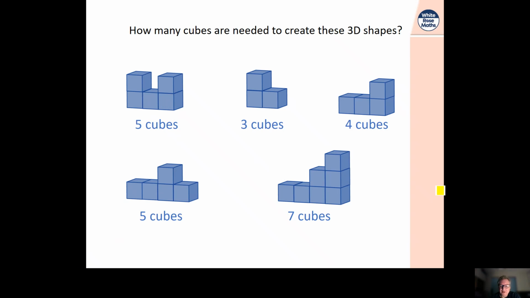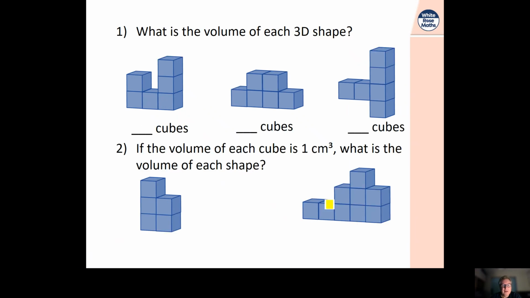Because here we've got 3-dimensional, remembering that 3-dimensional shapes have an X and a Y axis, but they also go back as well. So you've got that sense of solidness, if you like. Therefore, what's the volume of each of the shapes?